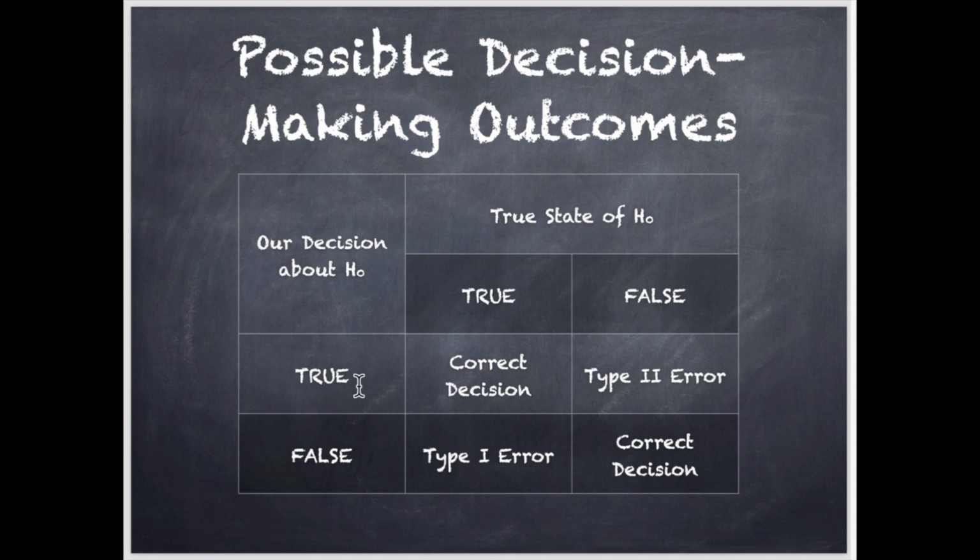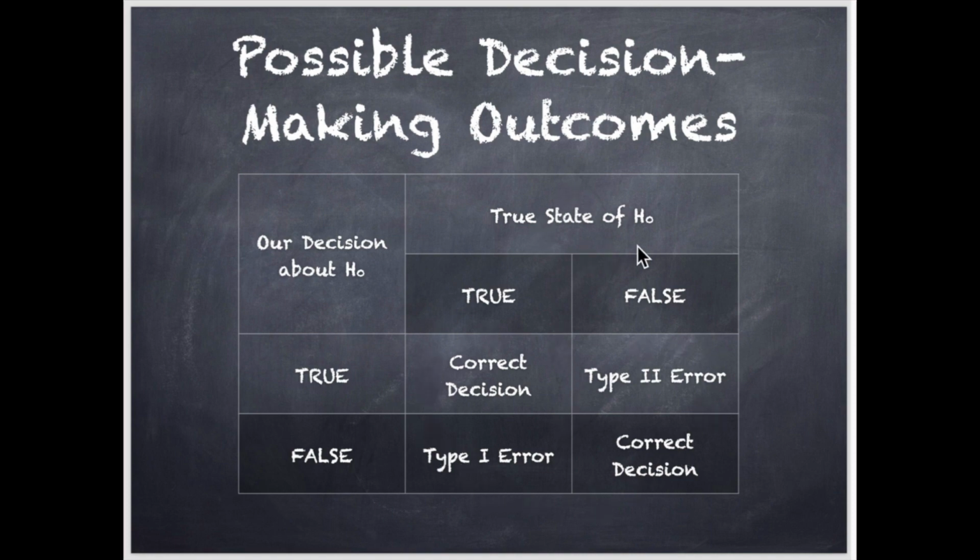So either we decide that the null hypothesis is true, in other words, we fail to reject it, or we reject the null hypothesis and conclude that it's false. So those are the two possibilities for the true state of the null hypothesis, and the two possible decisions based on the data lead to four possible decision-making scenarios.